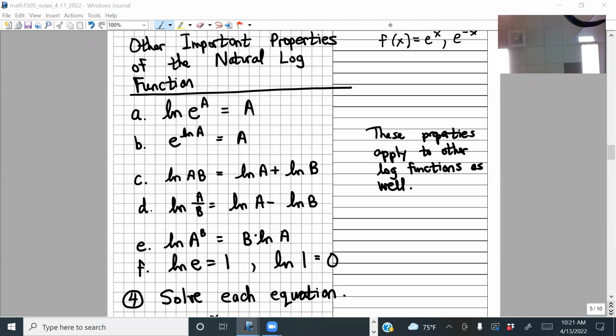Remember, the approximate value for e is, what is that approximate value for e? It's about 2.71828, I think, are the next digits.